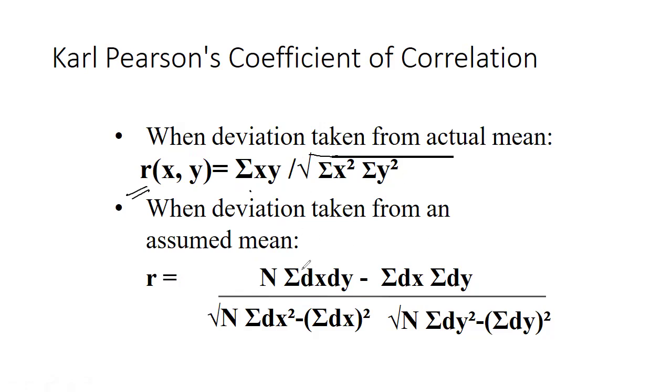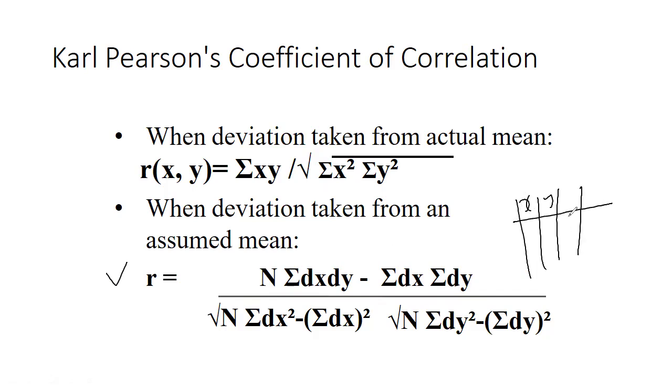When deviations are taken, the formula is modified to summation dx dy, where dx is basically xi minus x bar. Is it clear? And n means the total number of observations. When we have the two variables x and y, then we can calculate the value of r.